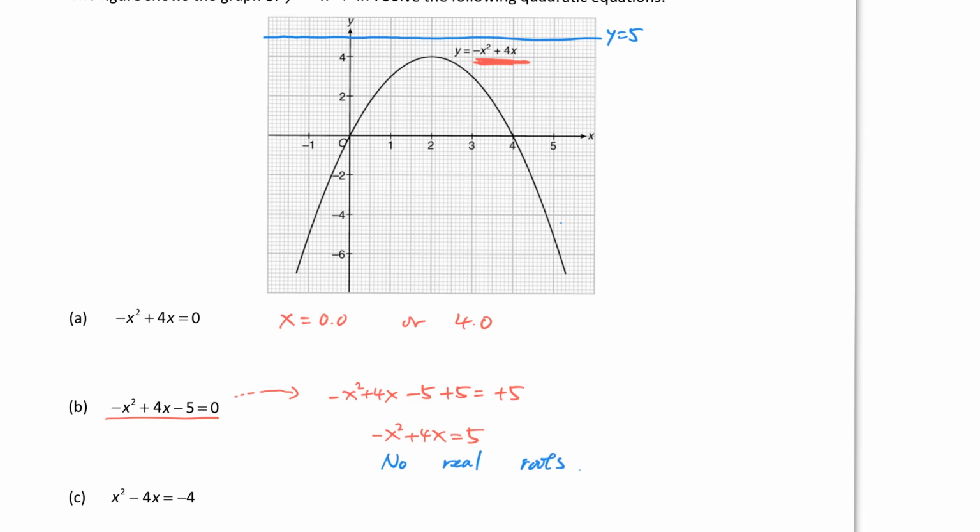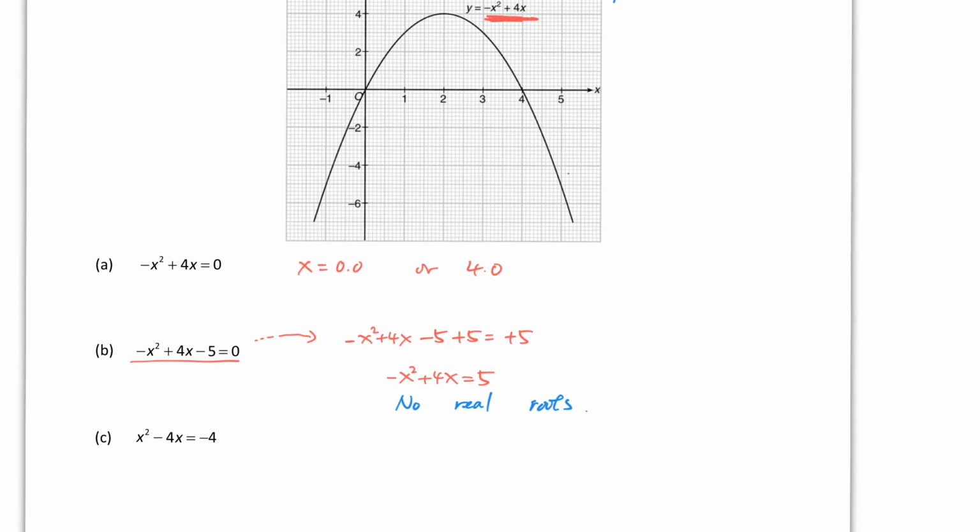How about part C? What can we do? If we want to make good use of the graph, maybe I need to simplify it or make the left-hand side equal to our graph. Can you see this is x squared, and this is negative x squared, this is minus 4x, this is plus 4x. So I will multiply by negative 1 on both sides.